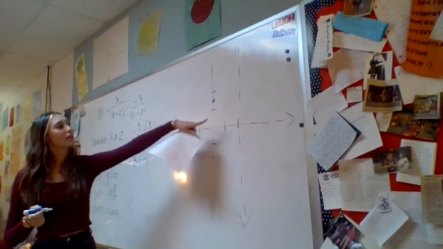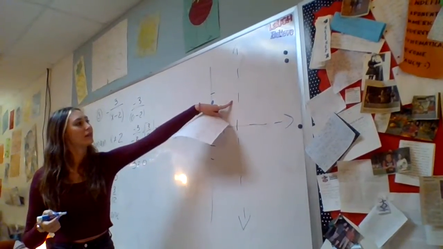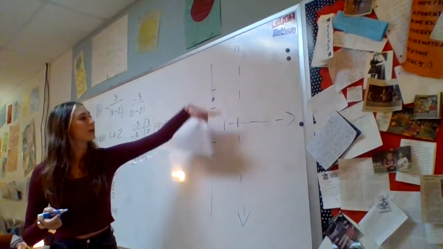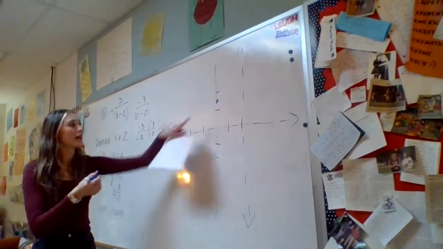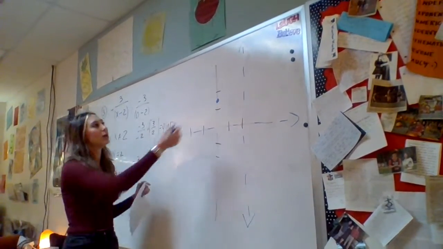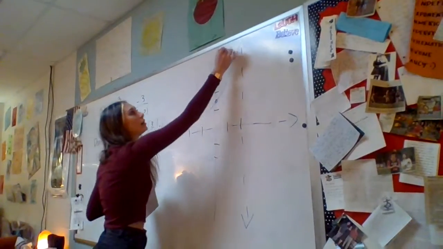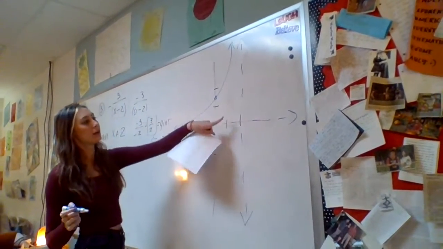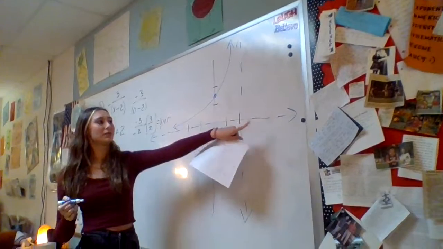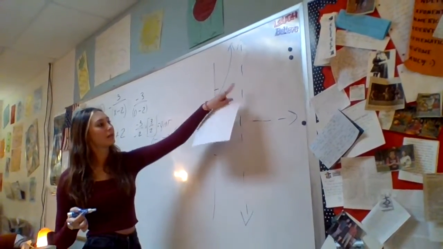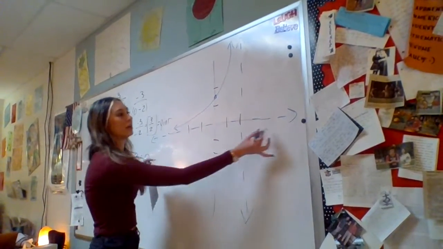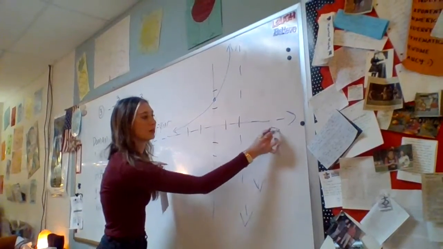We have to have a line on the left side of the vertical asymptote and the right side, and it has to go through this dot. One of them is going to go right through here and then hug the axis, and the other one, we don't have an x-intercept, so we can't go through with this, and we have to have it on the other side, so I put it right here.